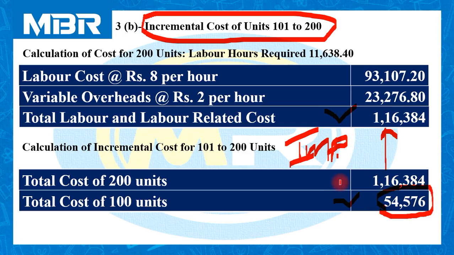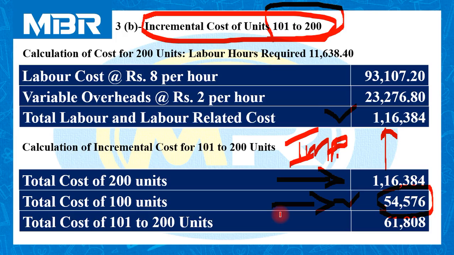Now it's very easy for you to judge the cost for 101 to 200 units. Total cost of manufacturing 200 units, 1,16,384. Total cost of making 100 units, 54,576. So the difference refers to the cost of manufacturing units 101 to 200, and it is 61,808.